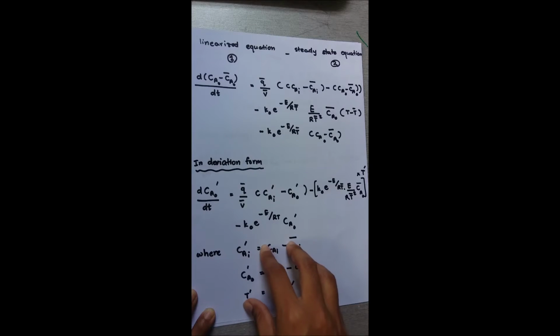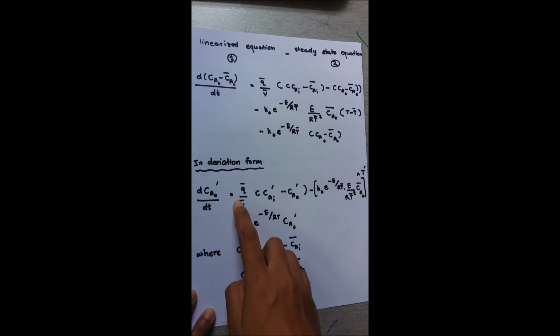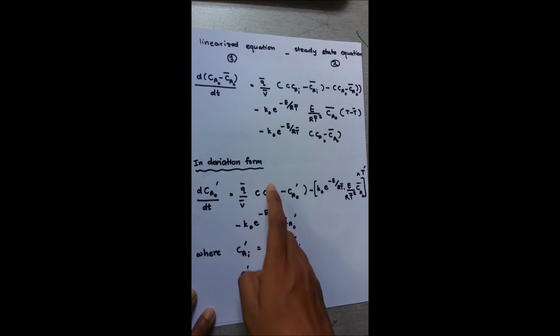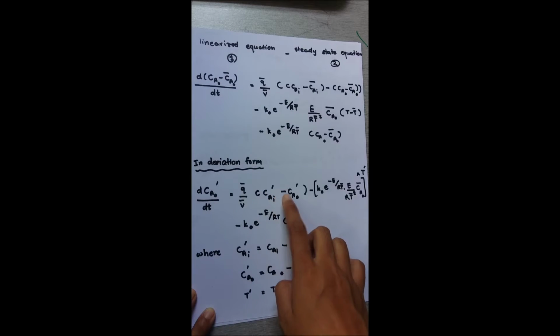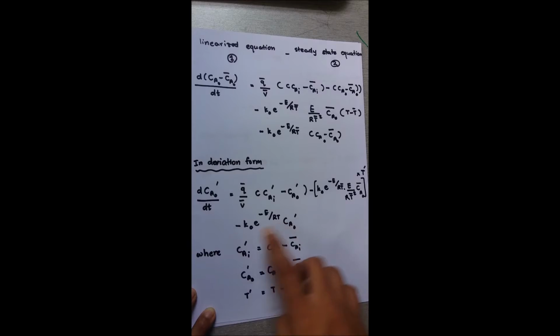So we got the equation in deviation form, which is dCA0 prime/dt is equal to Q bar by V bar (CAI prime minus CA0 prime) minus K0 e to the power of negative E by RT bar into E by RT bar square CA0 bar into T prime minus K0 e to the power of negative E by RT CA0 prime.